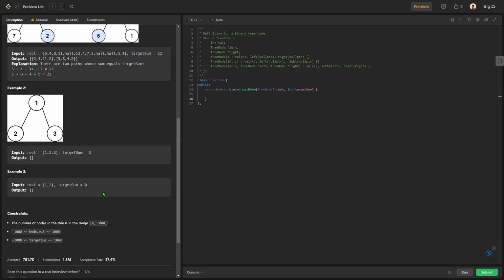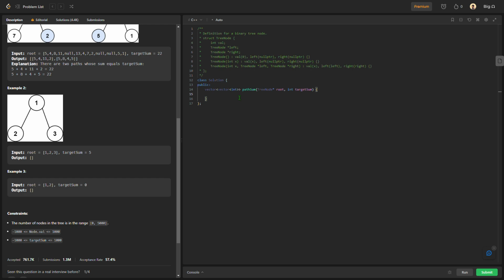Okay. Similarly, for a target sum of 5 with the tree 1, 3 or 1, 2, whichever way we do, we would not be able to achieve it. So that's why we have just printed an empty array. And for target sum 0 and a binary tree of 1, 2, we would also get an output of empty. Okay, so let us move on to the question.